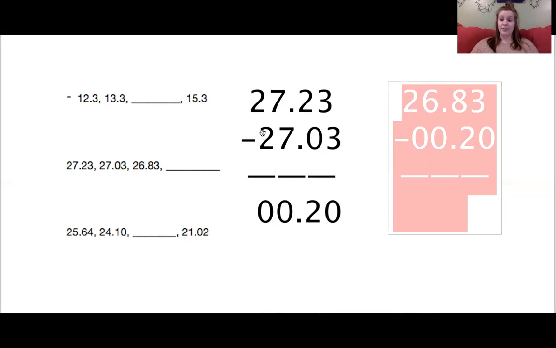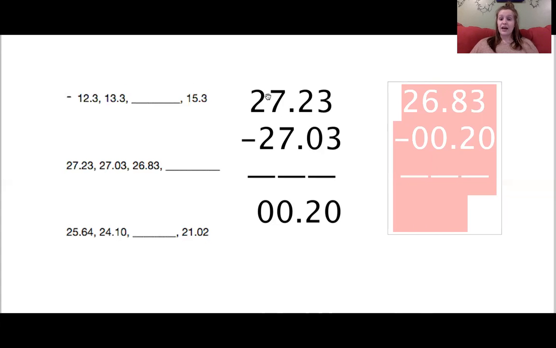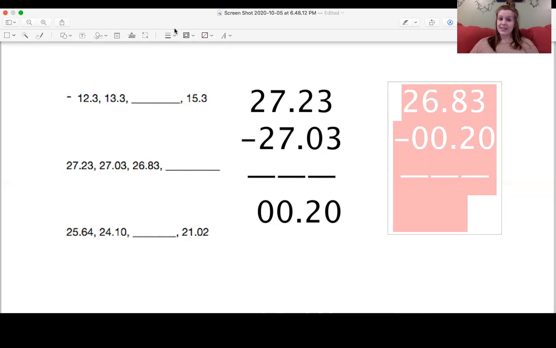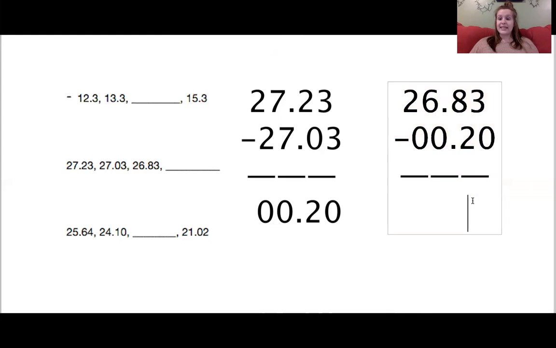So now I'm going to take my number 26 and 83 hundredths, because that is my next number in my pattern, and I'm going to subtract 20 hundredths in order to solve my pattern. Does that make sense? Okay, so if I have, like we see here, 26 and 83 hundredths minus 20 hundredths, I start on my right. 3 minus 0 is 3. 8 minus 2 is 6.